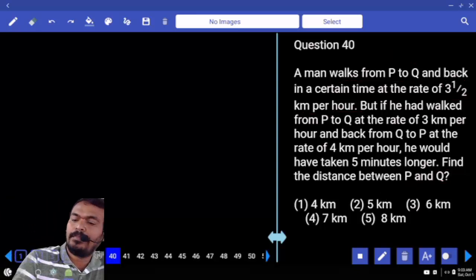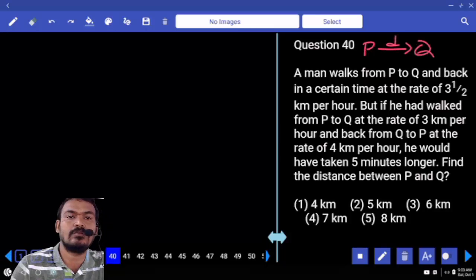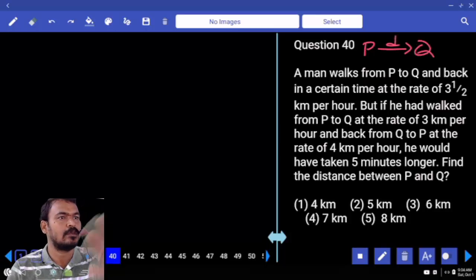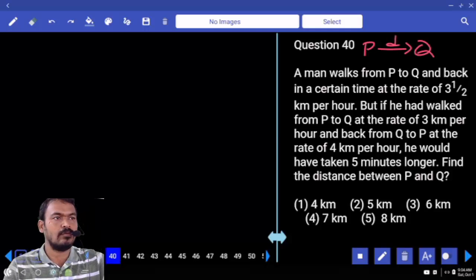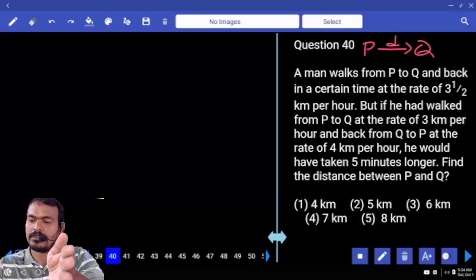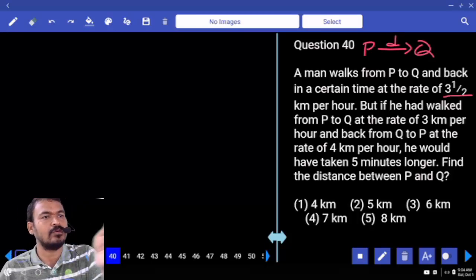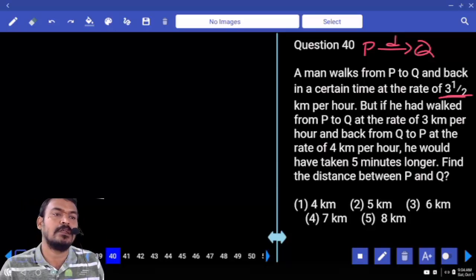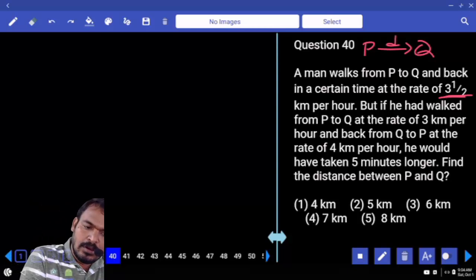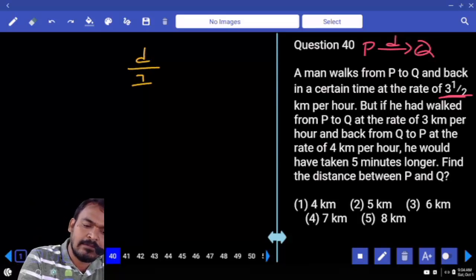Or, P to Q distance we consider as d kilometers. P to Q distance d kilometers means Q to P is also d kilometers. P to Q covered d kilometers distance with a speed of how much? 3.5. And the return from Q to P, the same distance, is covered with a speed of how much? 3.5. Okay. P to Q distance d kilometers, speed value 7/2.